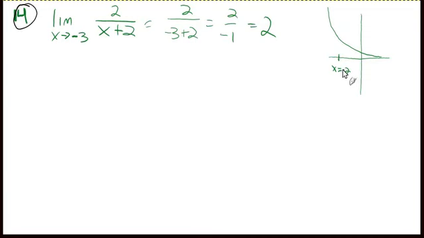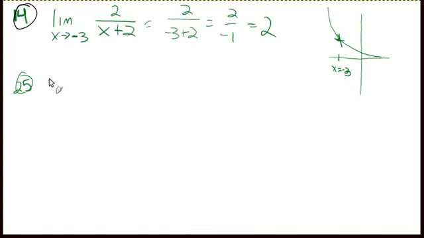Let's just say that's -3, not 2. So as x approaches -3, what's the limit? Well, there's a point on the graph right here at -3, and from the right and from the left, we're going to be approaching the point that's actually on the graph, that we could find by just putting -3 into the function. Okay, let's give another one a try.